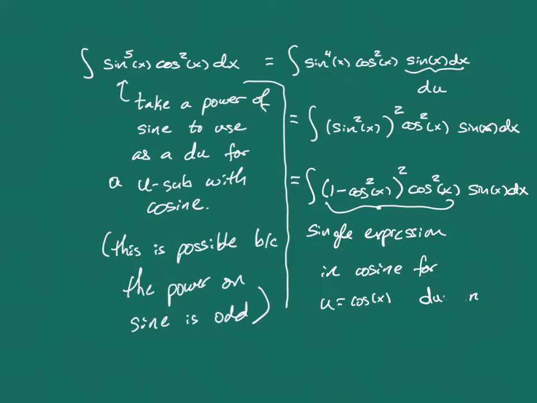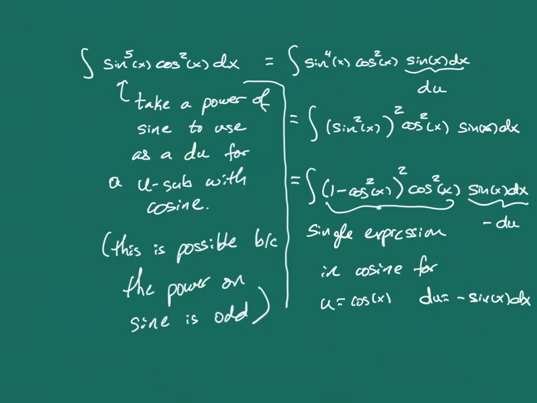Let's clean that up just a little bit. So we've got our derivative du being minus sine of x dx. And so we've got here our minus du that we can use.